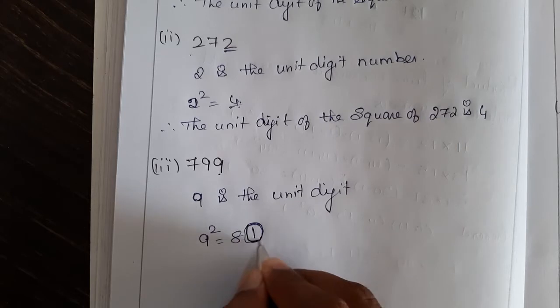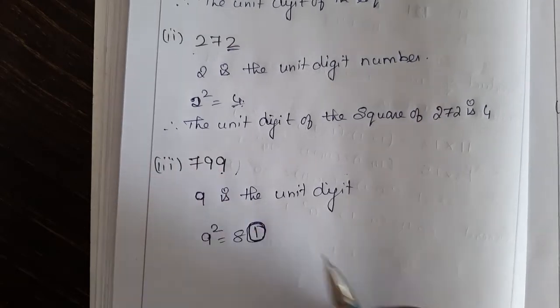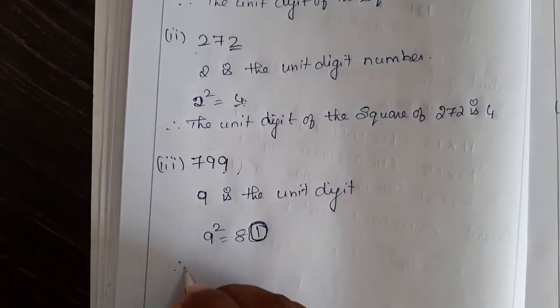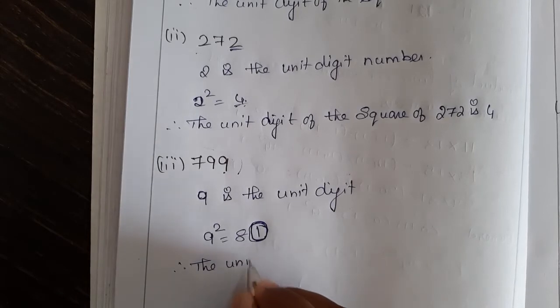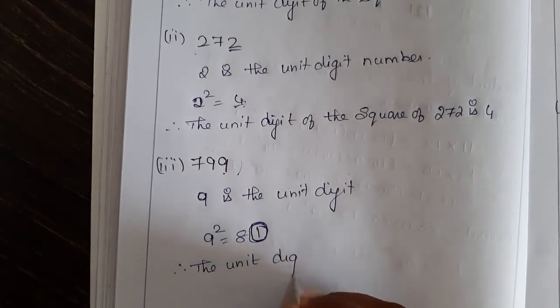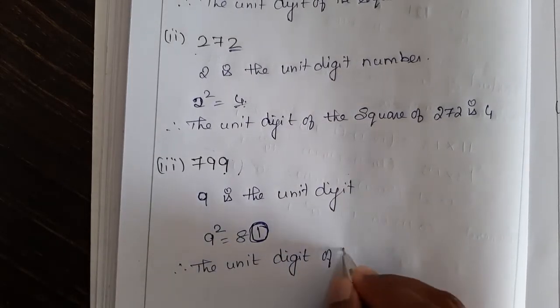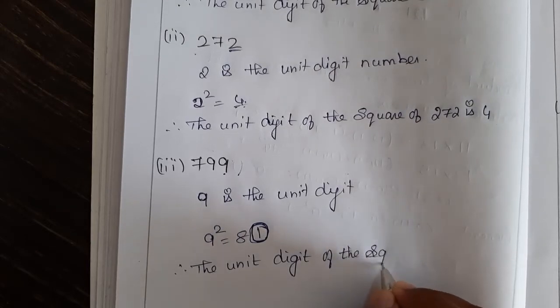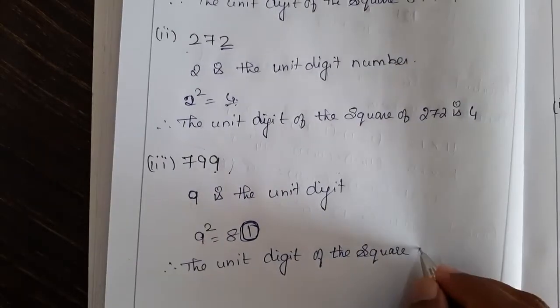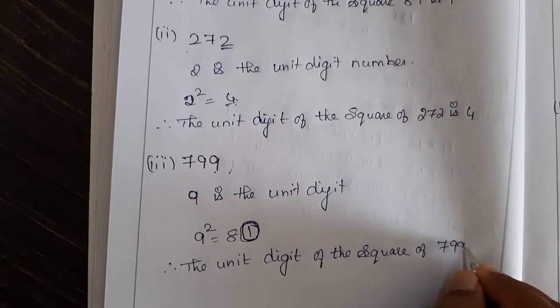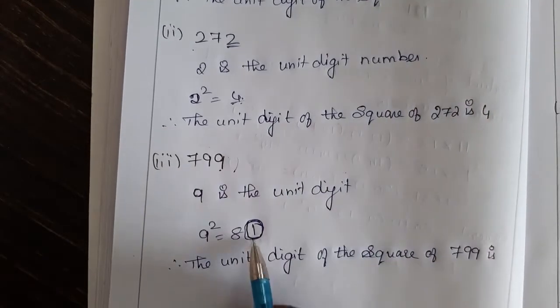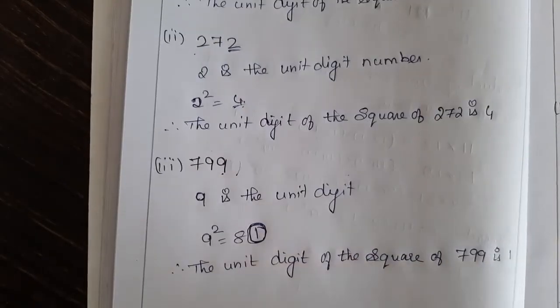So this will be the unit digit for the square of 799. Therefore, the unit digit of the square of 799 is what we obtained here, 1.